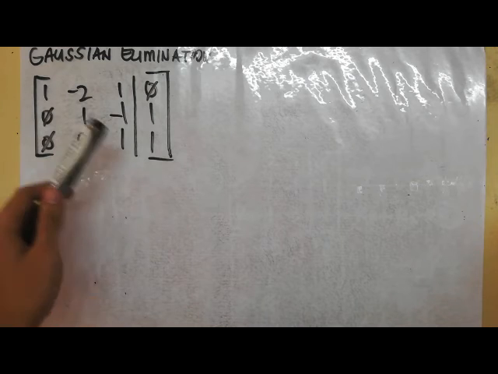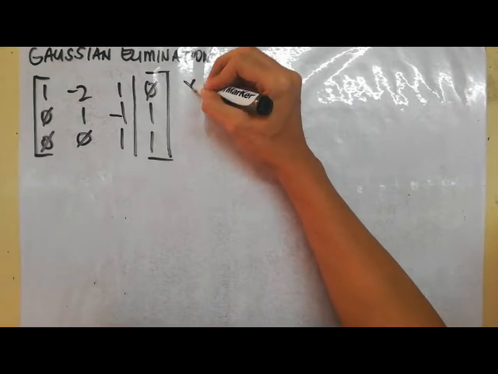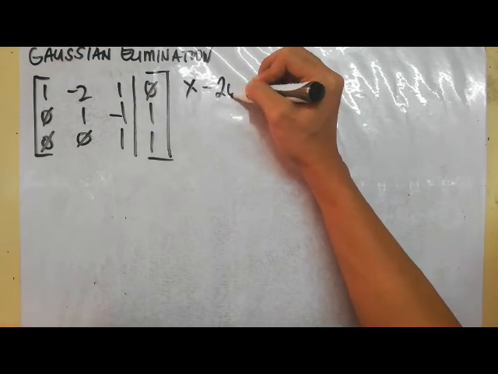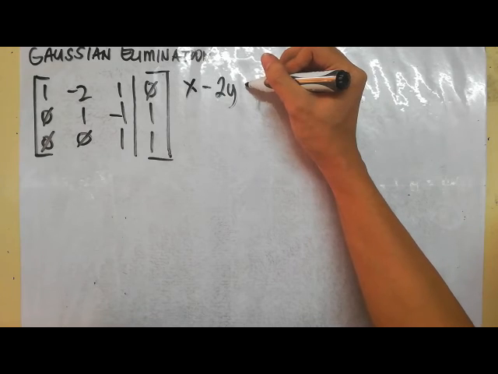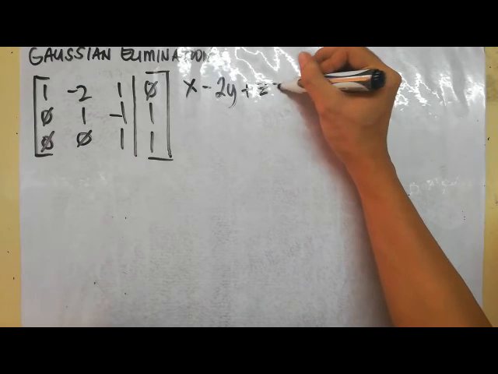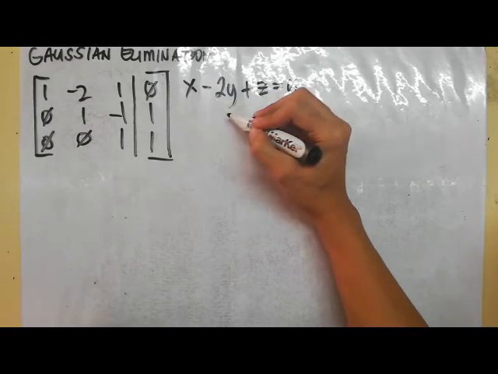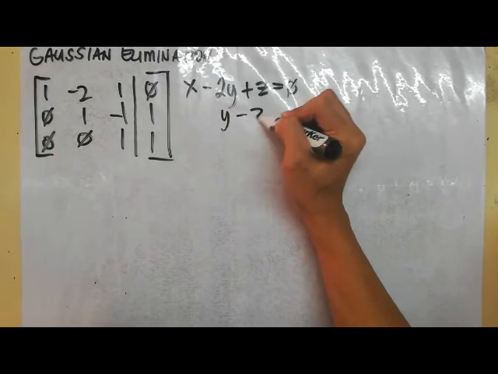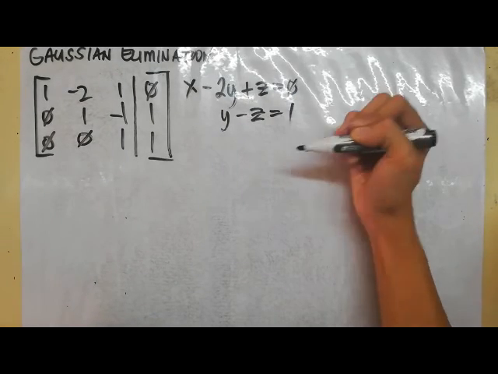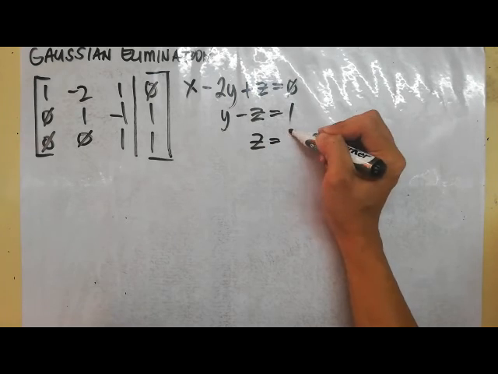Since we have this upper triangular form and the diagonal entries are equal to 1, we can get the values for x, y, and z. So we have x minus 2y plus z equals 0, y minus z equals 1, z is equal to 1.